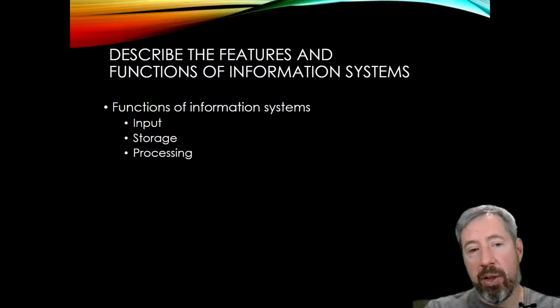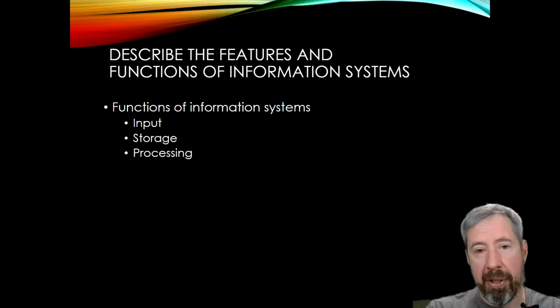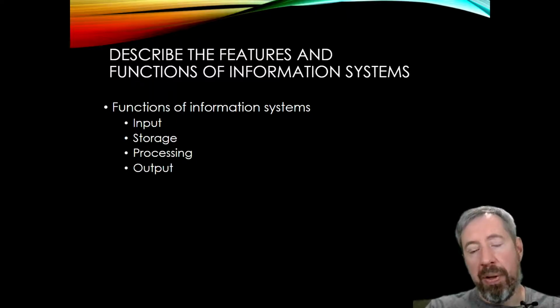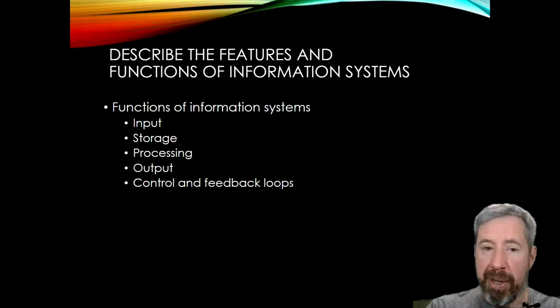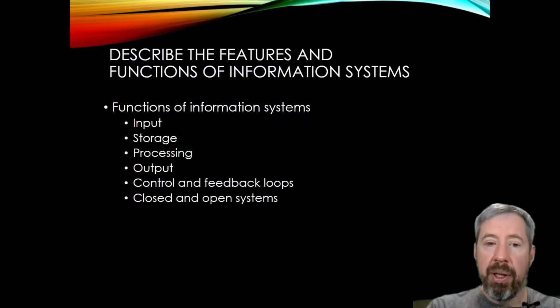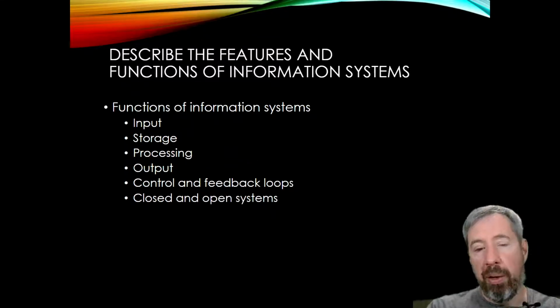It's then going to be processed, and I'm going to break all these down in a minute. We then get some type of output, and we'll have some type of feedback loop, and we'll also discuss open and closed systems.